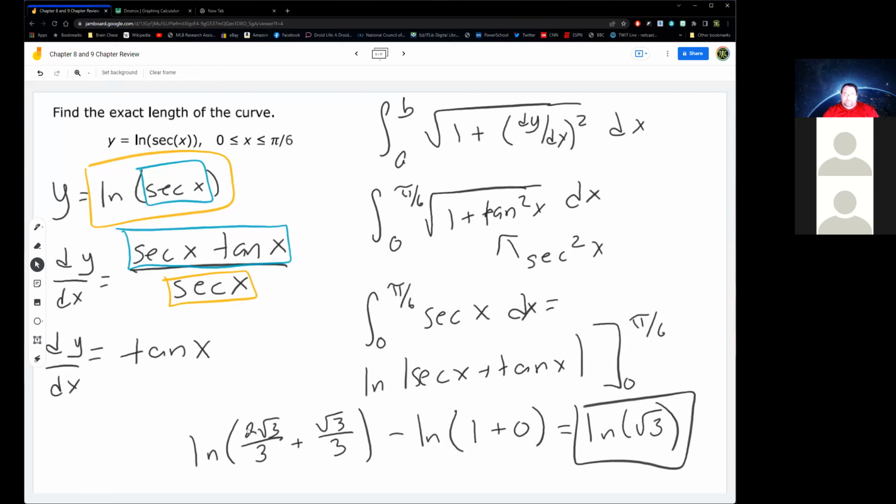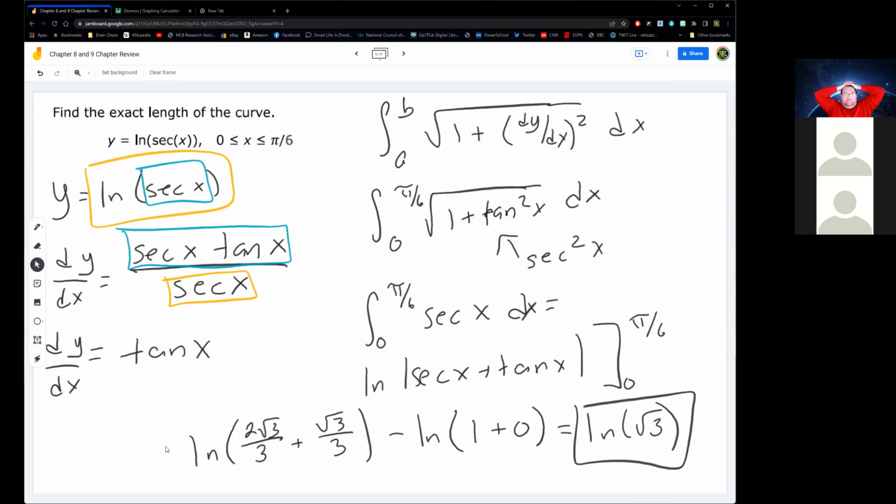From just the beginning there, I'm looking at my unit circle and at pi over 6, the x value is square root of 3 over 2, right? Yep. And then the y value is 1/2. Right, but secant is the reciprocal of cosine. So that's your x value. So it's the reciprocal of square root of 3 over 2, which is 2 square root of 3 over 3.